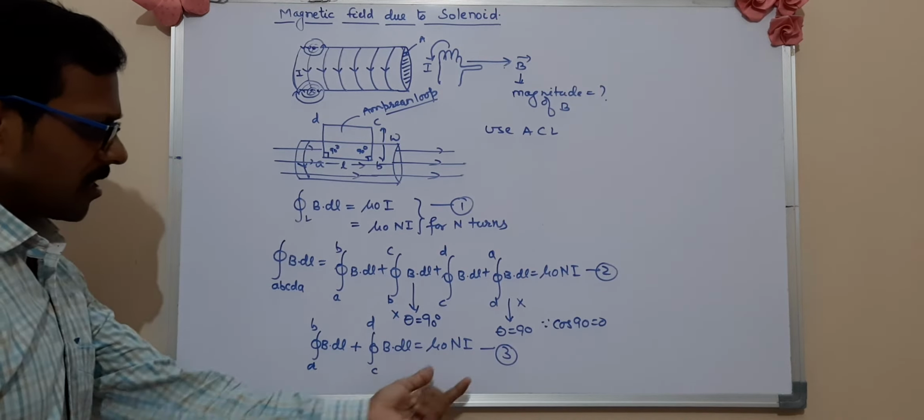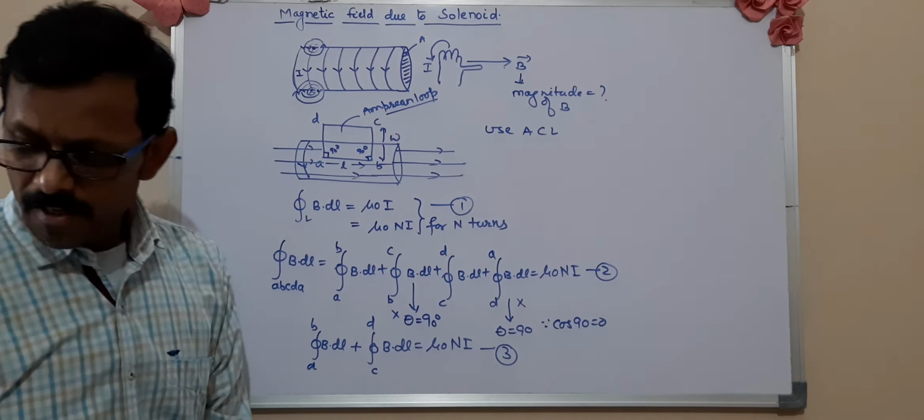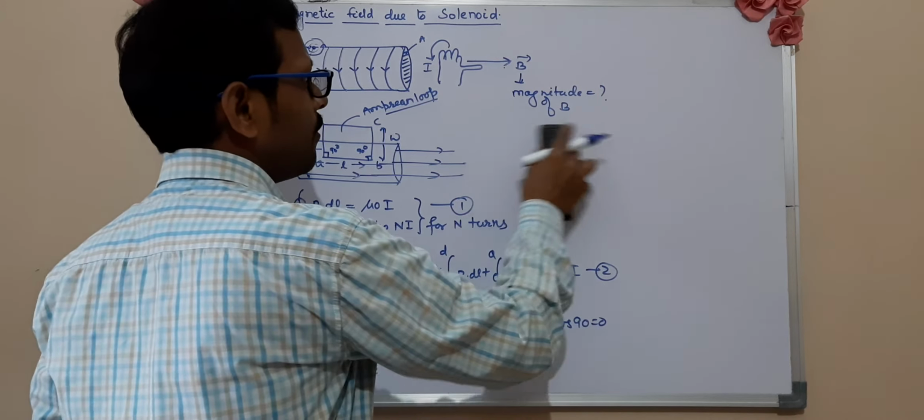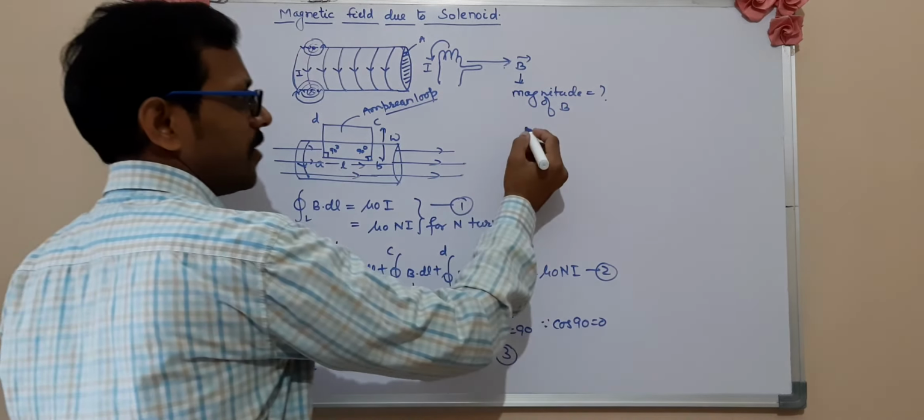Now in the third equation, if you see the CD part, this CD is lying completely outside the solenoid where there is no current.